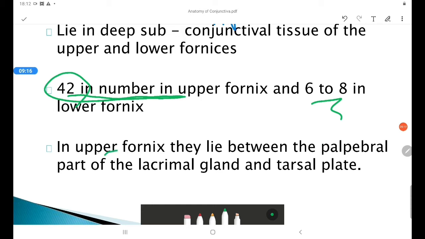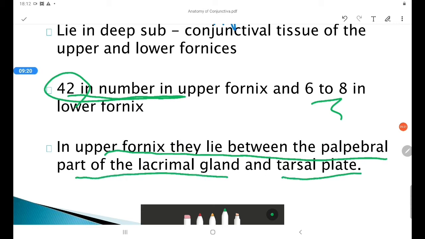In the upper fornix, they lie between the palpebral part of the lacrimal gland and the tarsal plate, somewhere a little in front of the fornix of the conjunctiva. So their location in the palpebral conjunctiva is more important to know.